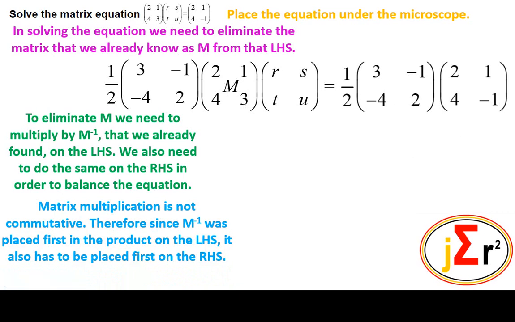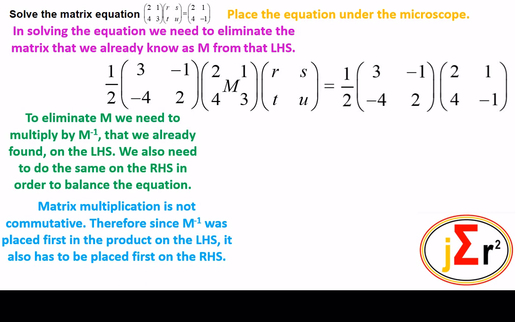Matrix multiplication is not commutative. Therefore, since M inverse was placed first in the product on the left-hand side, it also has to be placed first on the right-hand side. The order in which we multiply matrices will affect the result.